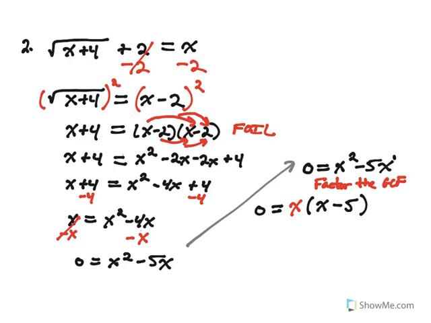So now we apply the zero product property, where if x times x minus 5 is 0, then we can set both of those individual factors to 0. Okay? So for this particular step, we're going to set both factors to 0.